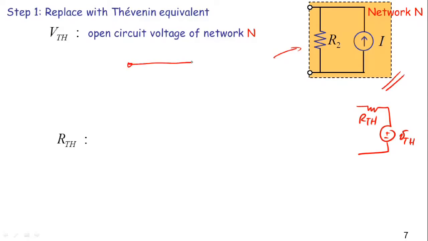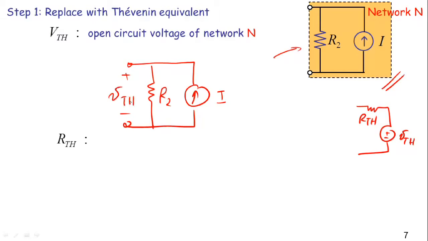Well, it's pretty straightforward. Let me draw the network here. I have an R2 here, and I have a current I here. The open circuit voltage is my Thevenin voltage, VTH. So here's your simple pattern. I have a current I that is flowing into a resistance R2, and so therefore VTH is simply I times R2. That gives me my VTH.